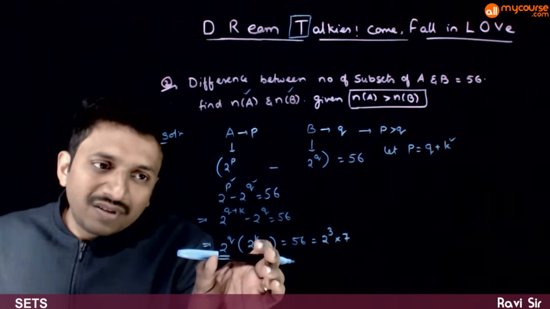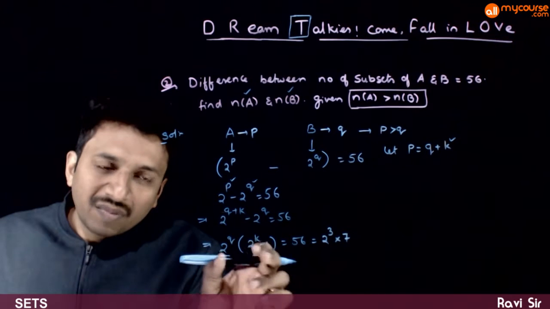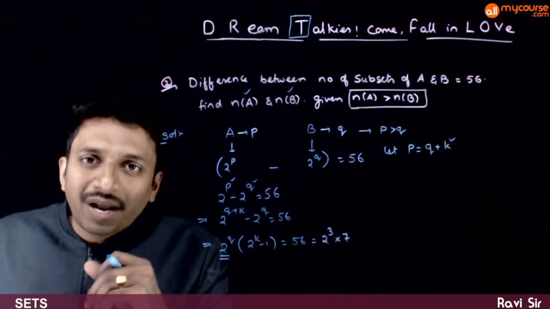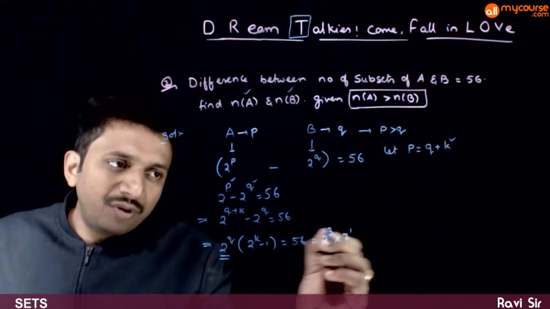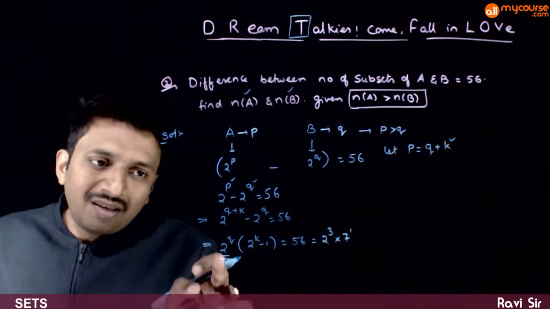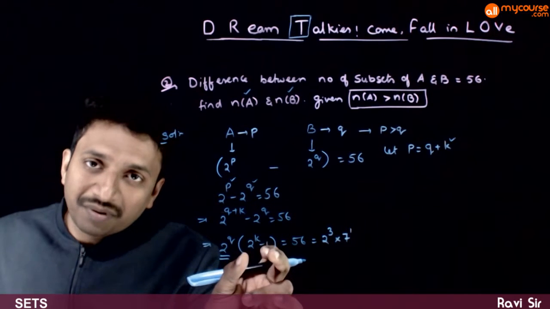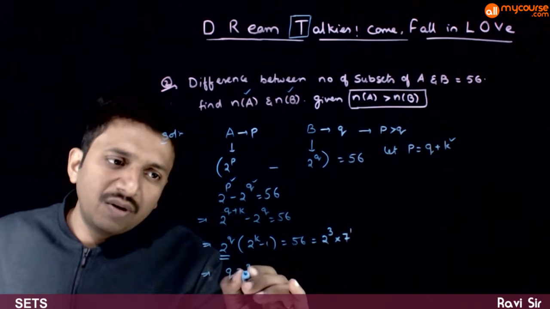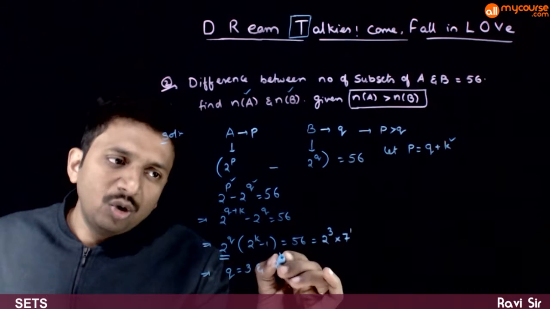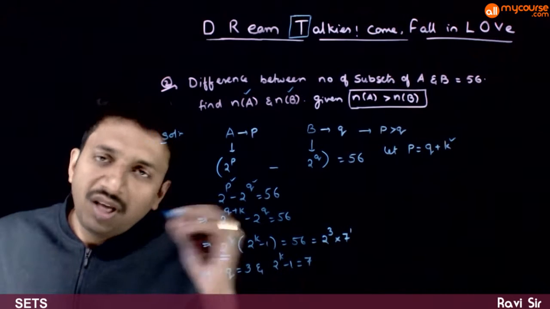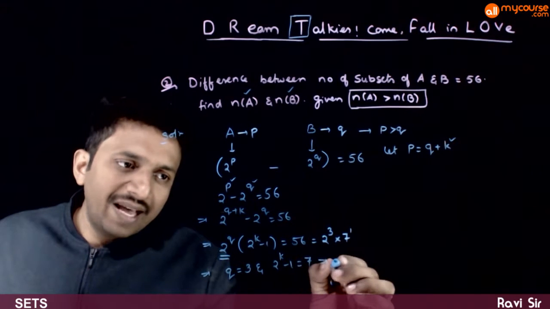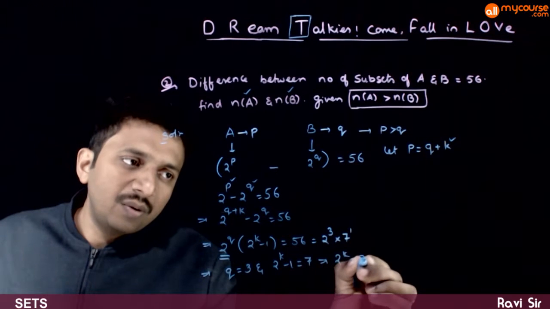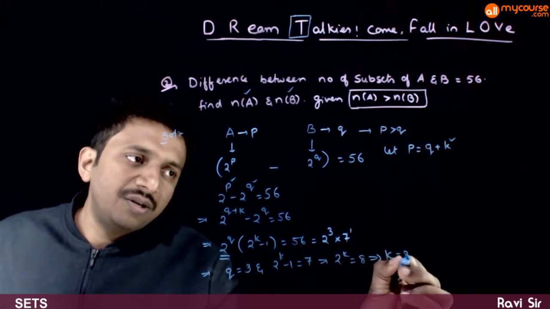Obviously you can have only one prime factorization for a single number. So 2 cube into 7 power 1 is the same as 2 power Q into some odd number. By comparison, Q has to be equal to 3 and 2 power K minus 1 has to be equal to 7. This implies 2 power K is equal to 8 and K is equal to 3.